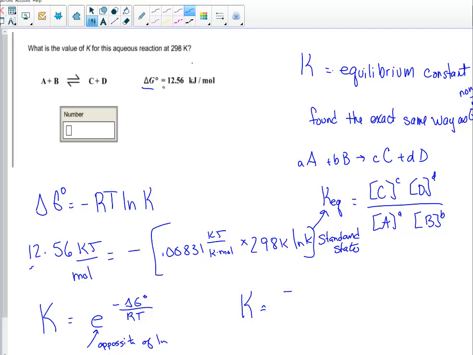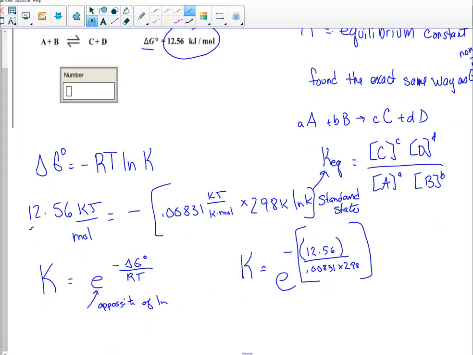Delta G was positive, so it's negative of a positive 12.56 over 0.00831 times 298. And that's all going to be raised from Euler's number, E raised to that power.